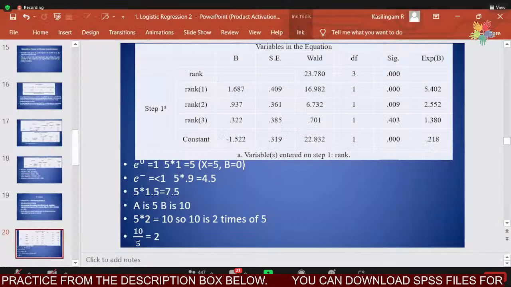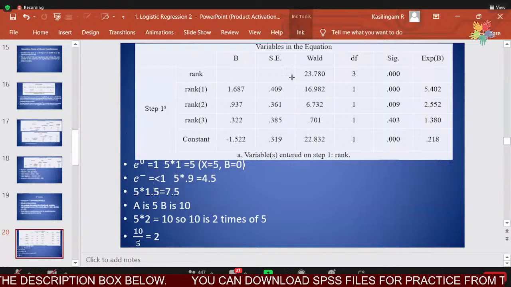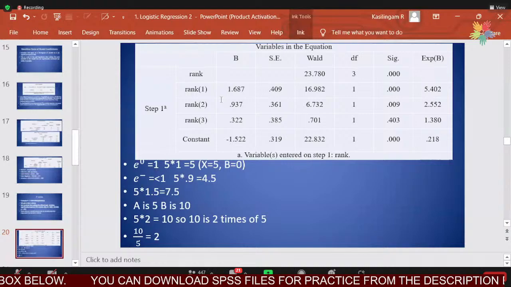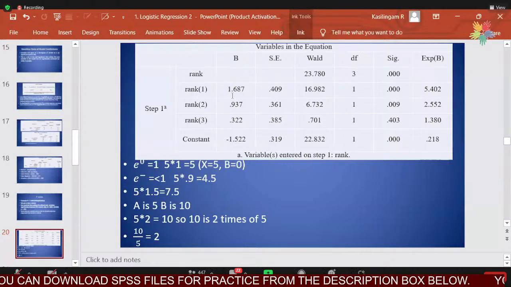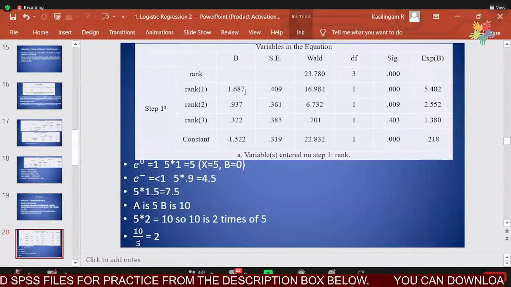So this is the beta, and this is the exponential of beta.